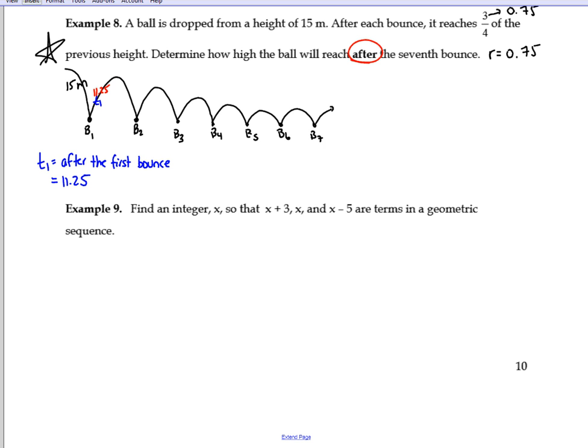So after the first bounce, term 1. After the second bounce, term 2. After the third bounce, term 3. After the 4th bounce, term 4. Term 5, term 6. We are looking for term 7. That's what we're looking for. So n is 7 in that case. Okay, and r is 0.75, 3/4.